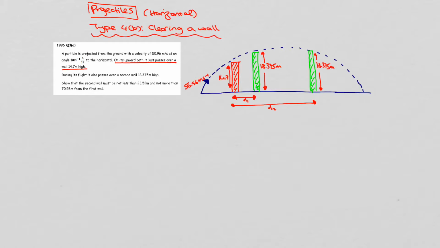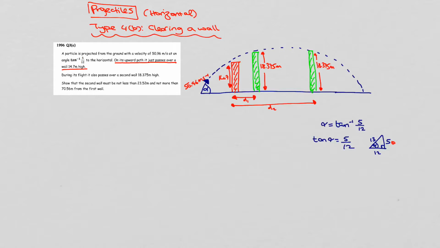Now we're also given the angle, so let me call the angle alpha here. And the angle alpha, if we work it out over here to the side, is given to me as tan inverse of 5/12. So of course that means that tan alpha equals 5/12. So if I complete my right angle triangle, I have opposite over adjacent, and it's one of our favourite Pythagorean triples.